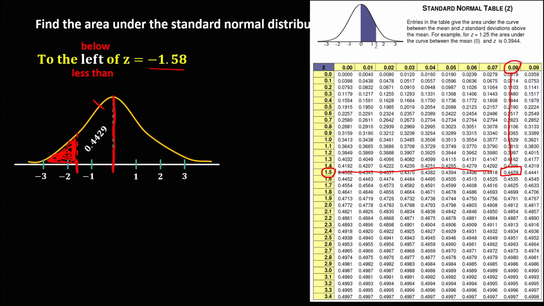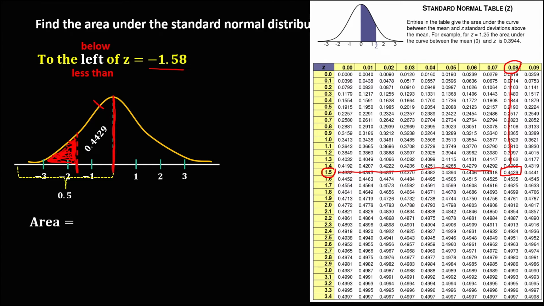So since we need to subtract and the total area of the curve is equal to 1, therefore, half of the curve, the area, is 0.5. So again, since the unknown area is away from the mean, we need to subtract. So the bigger area minus the smaller area.